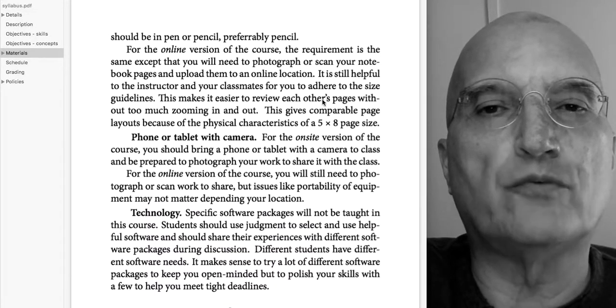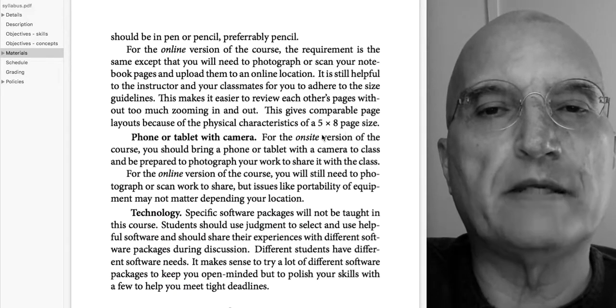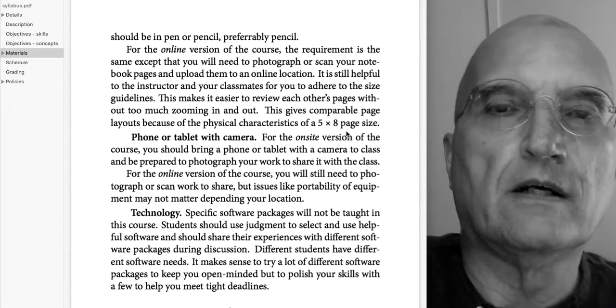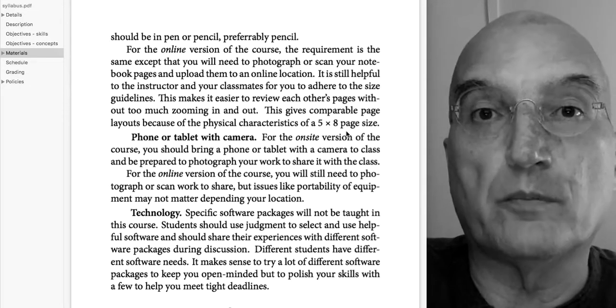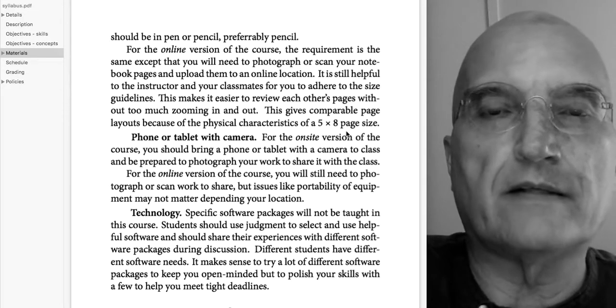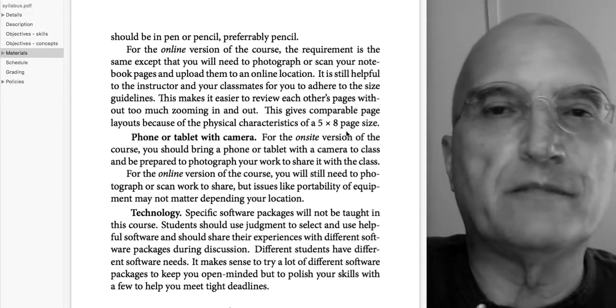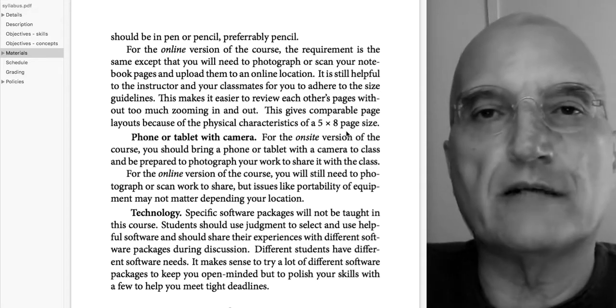Yeah, it is still helpful for you to adhere to the size guidelines. This makes it easier because I want comparable page layouts and page size. So what I'll do with the sketches is collect them into a PDF. And if they're all portrait and that kind of 5 by 8 proportions, then it becomes easier to thumb through the PDF and look at all of your classmates' sketches.